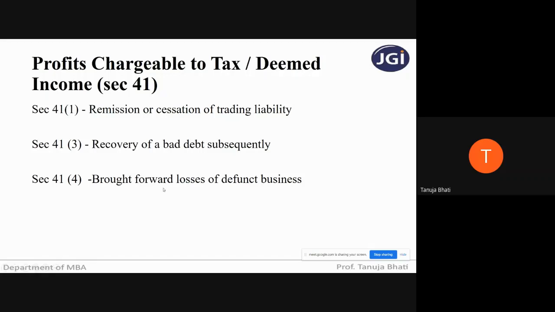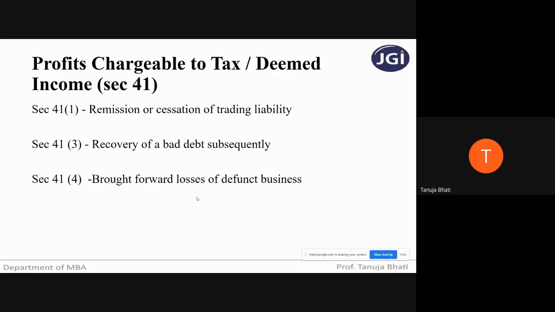Next, brought forward losses of a different business. Now, what does this mean? This means that if you are bringing forward any loss of any business that is defunct, which has already been closed down or is no more in operation, and if you're getting the profits of that particular business, then you have to consider it as deemed profit and charge that to tax.